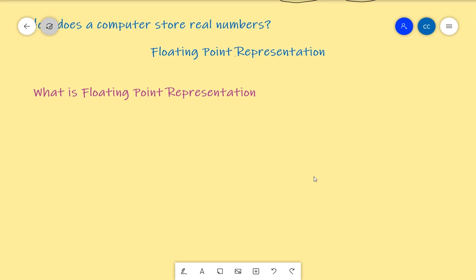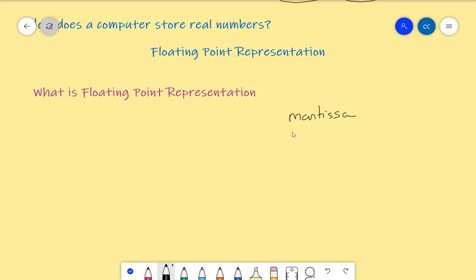And in removing the decimal point, it creates two parts to the number. The first part is called the mantissa, and the second part is called the exponent. These two parts of a floating point representation are stored separately in memory locations in RAM, but they're used together to reconstitute the number.